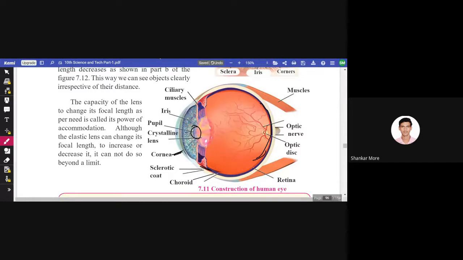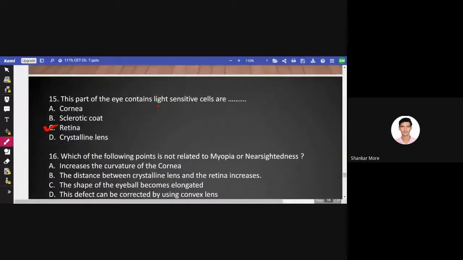So this is the construction of the human eye, and we can't see it actually here, but it is true that the color sensitive cells or light sensitive cells are on the retina.